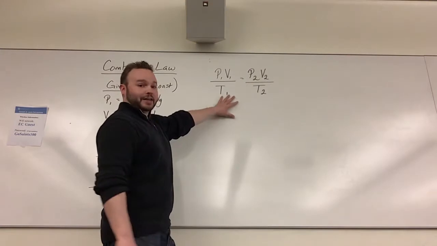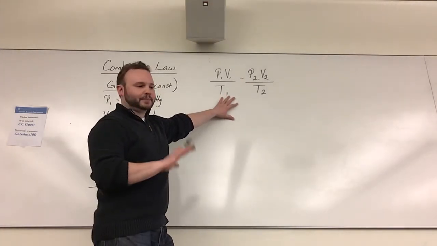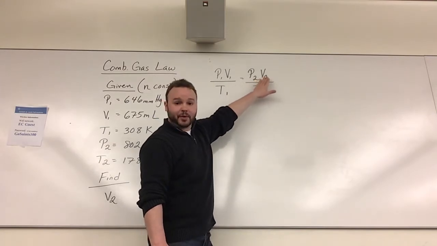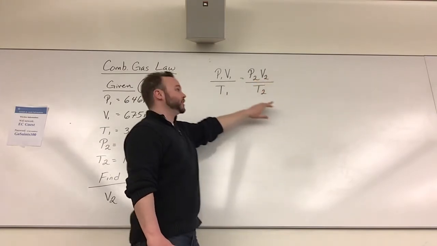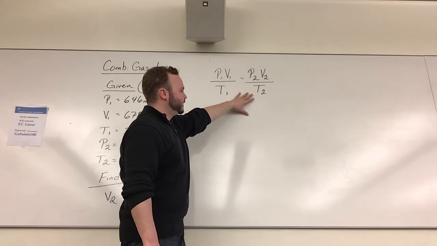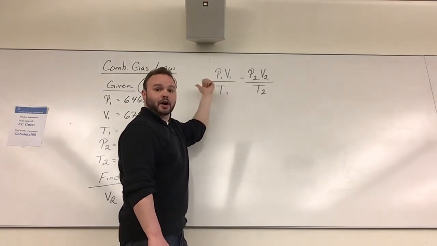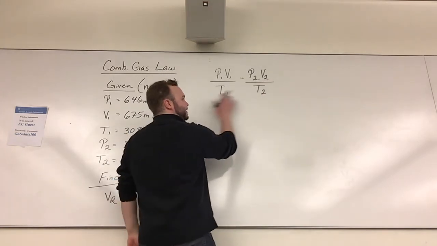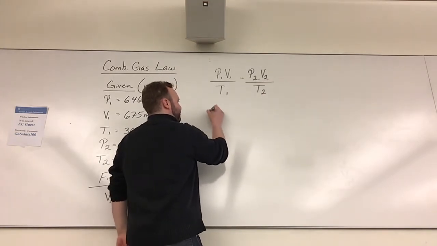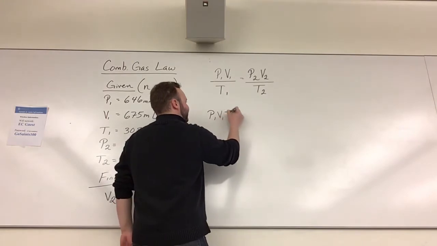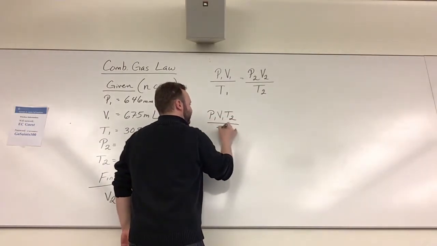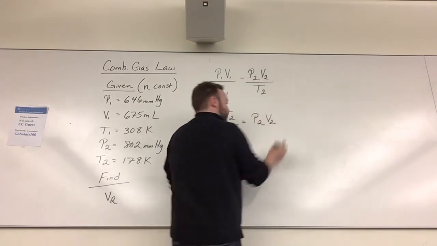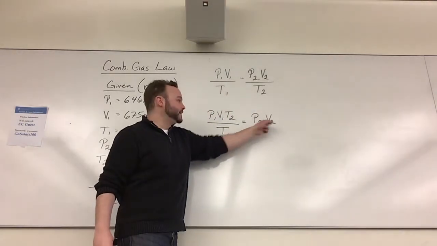So I can do a couple of steps. For one, I said you have the option of just dumping the numbers in and then solving. That's fine. I find it more intuitive to just isolate the variable I want first, and then dump the numbers in. So here, first step I'm going to do, let me get T2 on the other side of the equation, because I still want V2, right? So if I multiply both sides by T2, now I'll have P1 V1 T2 over T1, but that equals P2 times V2, and the only variable I want to solve for is V2.